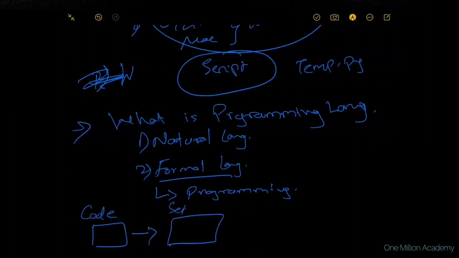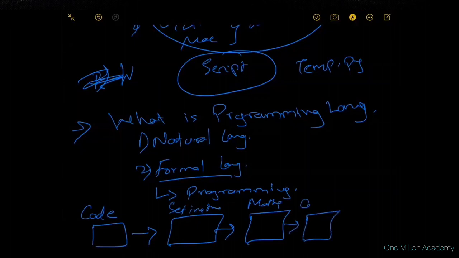That is what we were saying. A programming language has some set of instructions, and there will obviously be some maths and some logic in it. You will also have to apply some conditions so that you get the results, and finally the output.